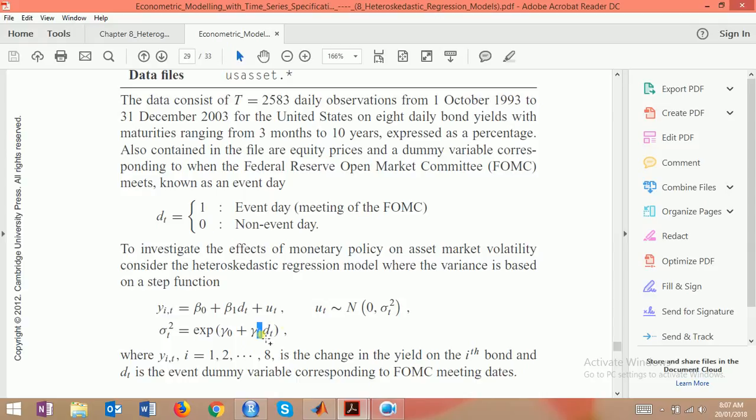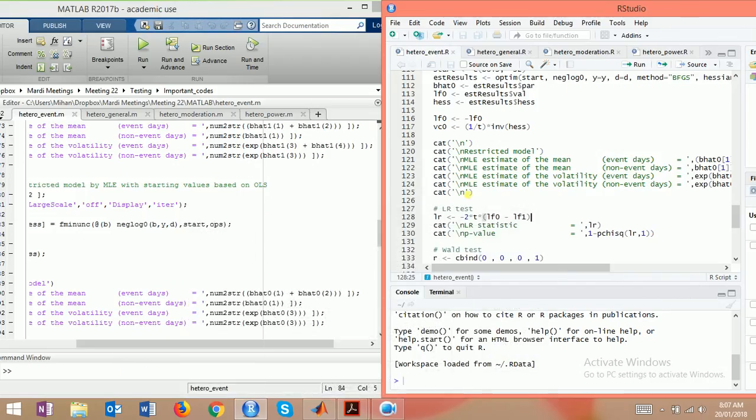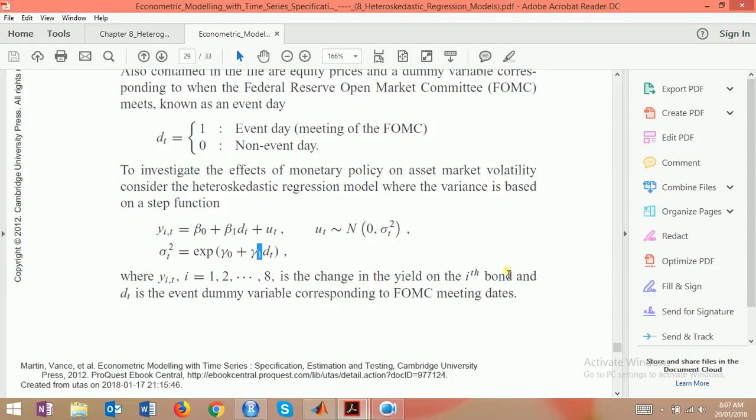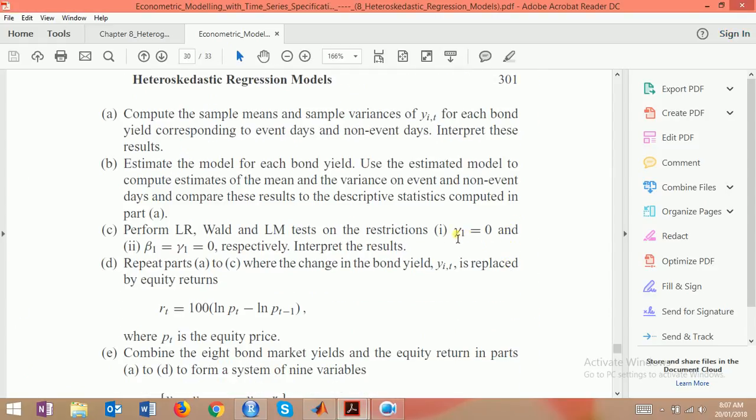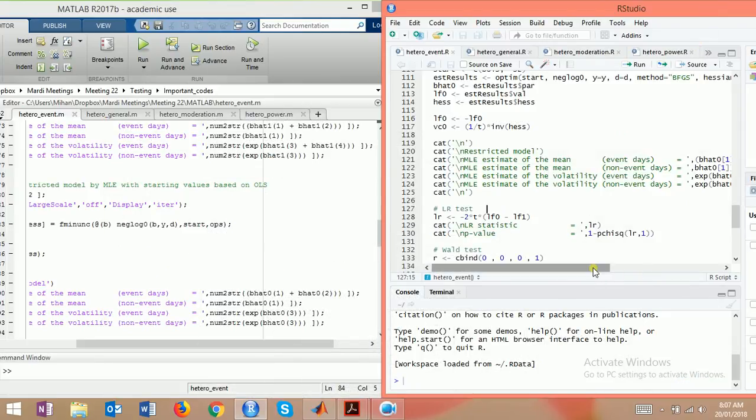The restriction again is against gamma 1, that's all, because the problem suggested to put a restriction on gamma 1 and also on beta 1. So another problem, we can do it on beta 1.